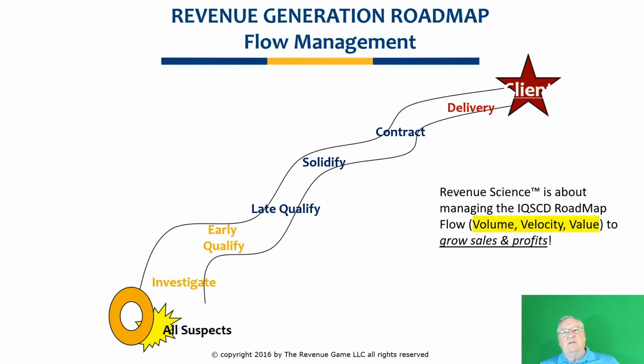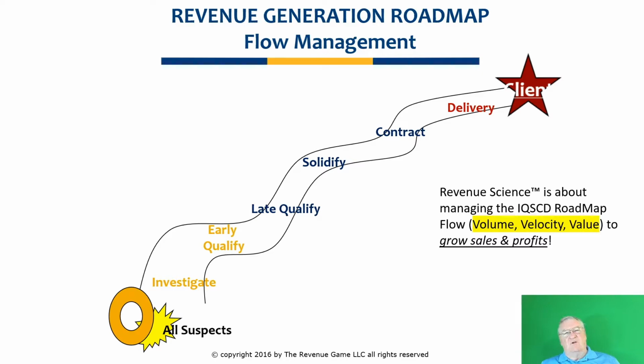They're the complete package from the buyer's frame of reference. For me to make this purchase or to create this relationship with a seller, what are all the elements that need to align for me to say this is perfect and I'm happy to pay? So IQSCD is the process buyers go through.